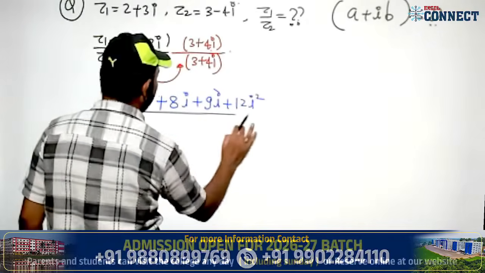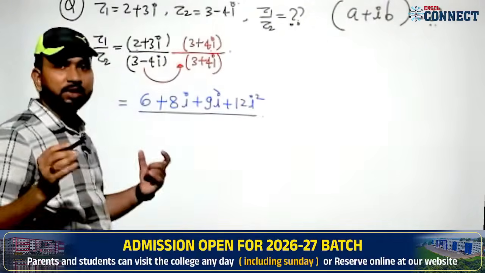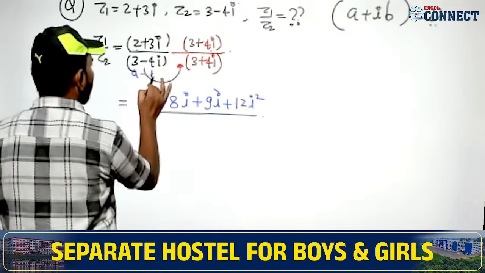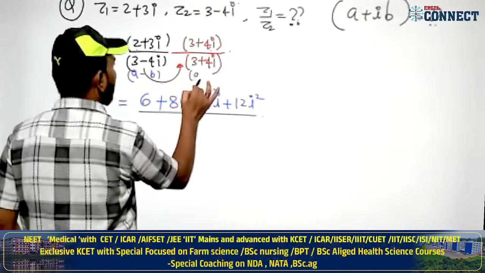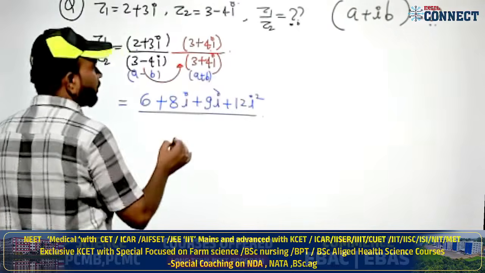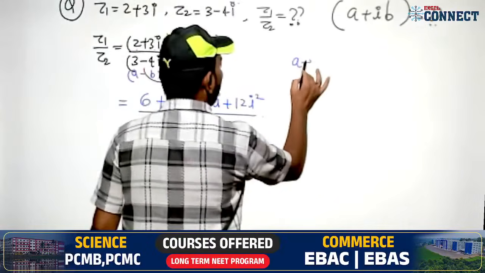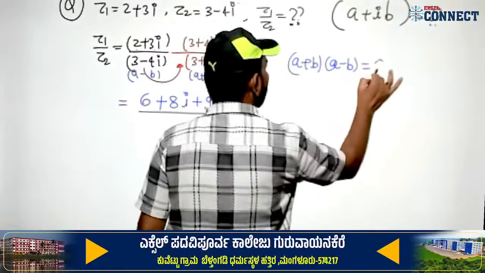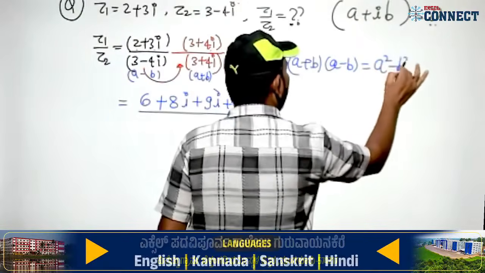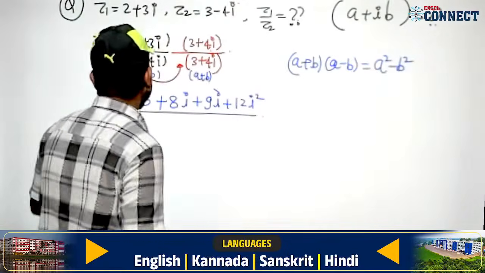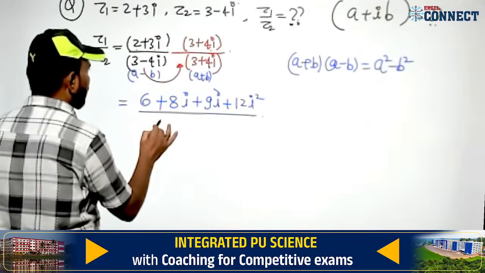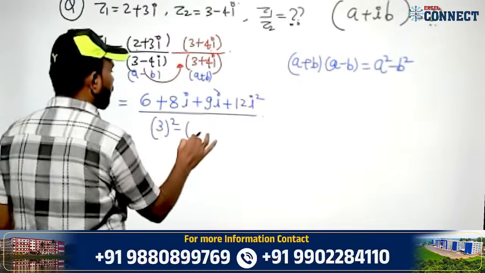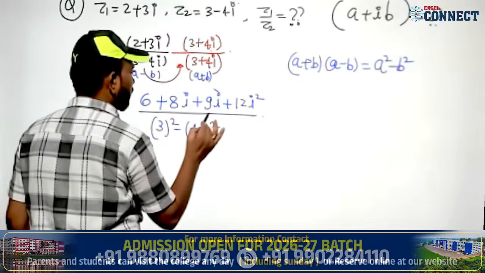In the denominator, a special form is coming: A minus B into A plus B, which is A square minus B square. So A square is 3 square minus B square, where B is 4i, so 4i whole square.